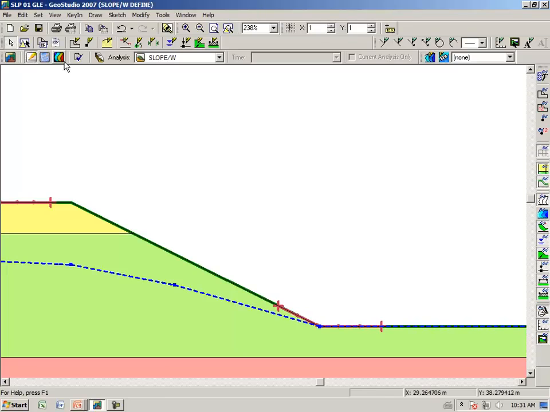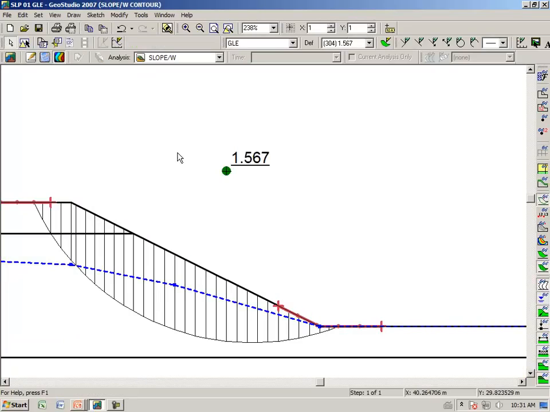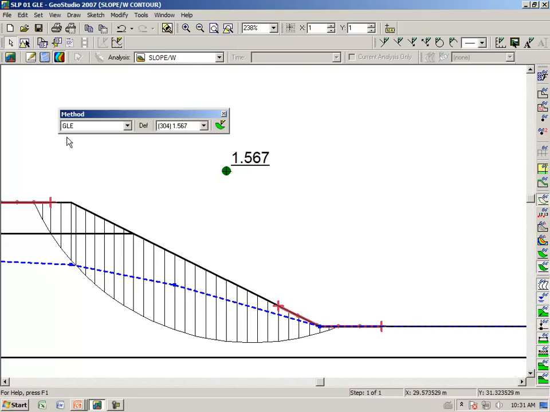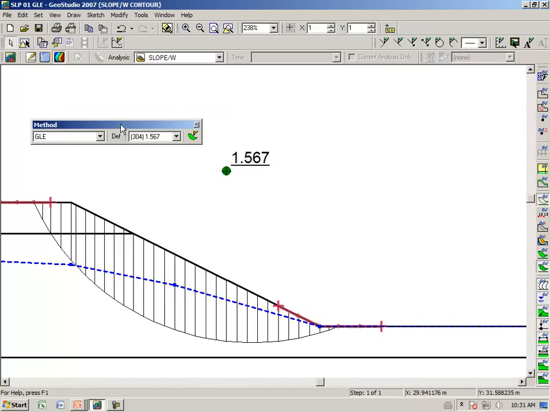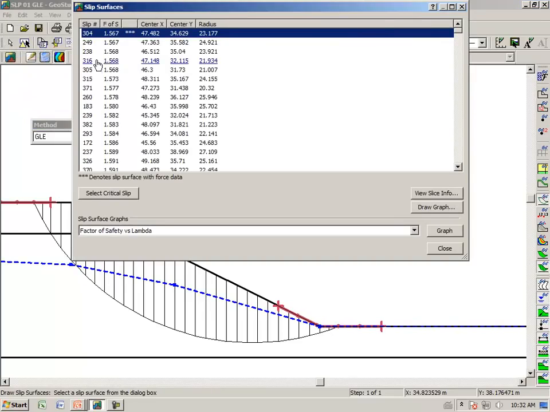Now we go back to the results view, and notice now that we are looking at the GLE factor of safety. Now when you go draw slip surfaces, you note that all of the factors of safety are listed here.